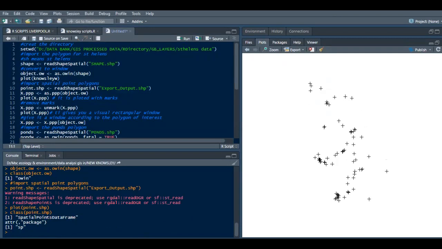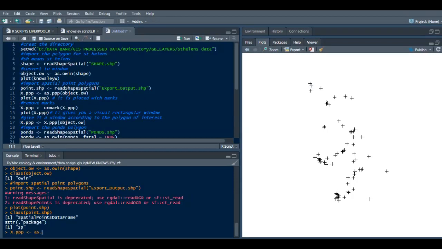It is still an SP, so we need also to convert it into a PP object. The Spatstat package recognizes point patterns as ppp, point process patterns. So I'm going to write the code for that, and I will name this x.pp, because pp is the function, so it makes it easier for you to remember the assigned name.